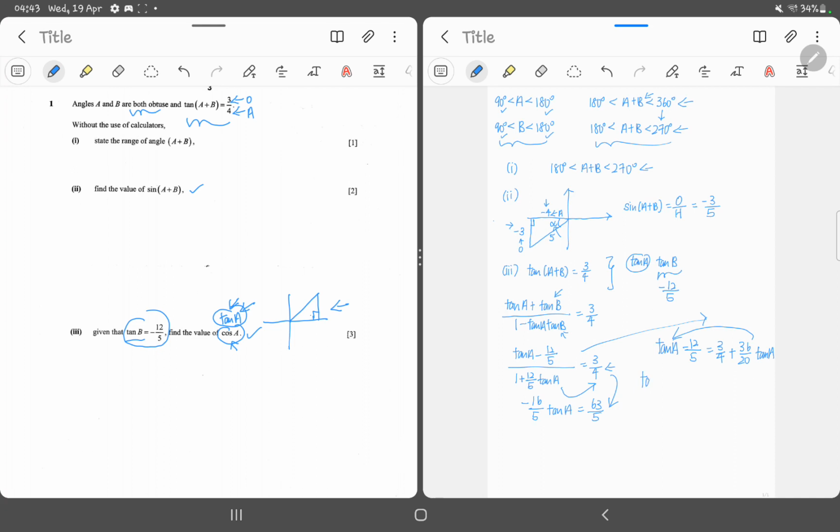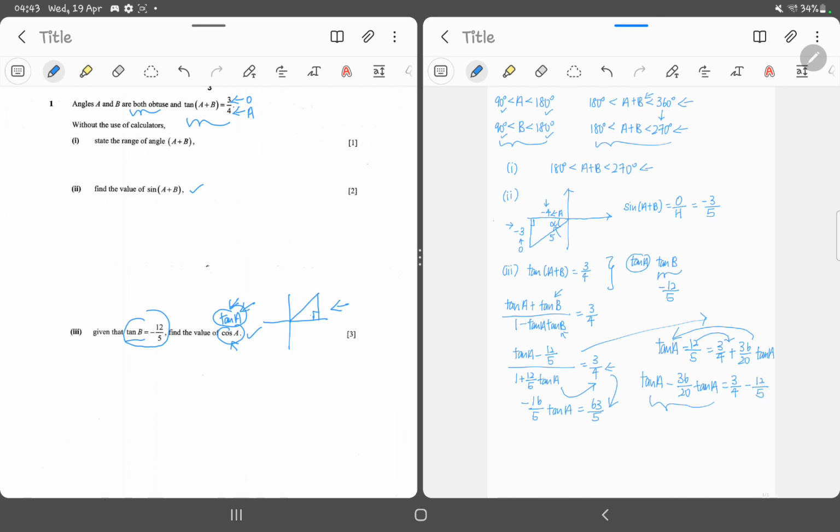We get tangent A minus 36 over 20 tangent A equals, I'm going to bring this to the right hand side, 3 over 4 minus 12 over 5.